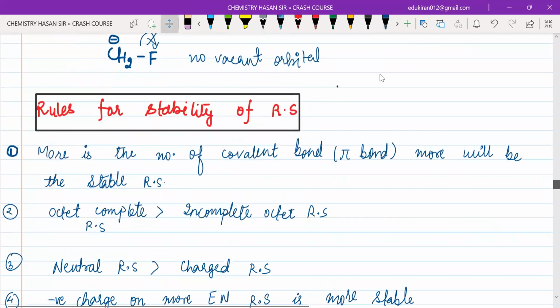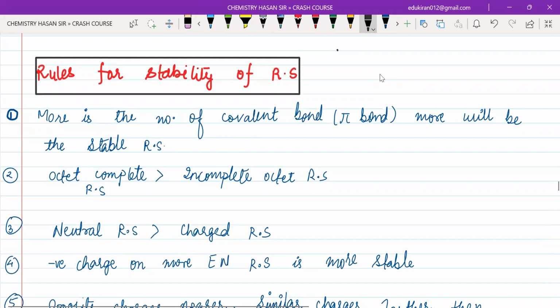Now, rules for stability. Whenever resonating structure is given, RS stands for resonating structure, and you need to arrange them in increasing or decreasing order of stability. You need to go through this. First, you need to check the pi bond. The resonating structure which will have more pi bonds will be more stable. Then octet. If this fails, then comes the second point.